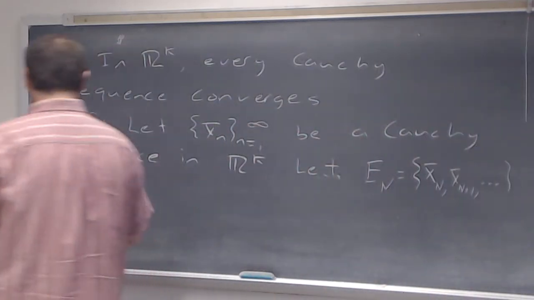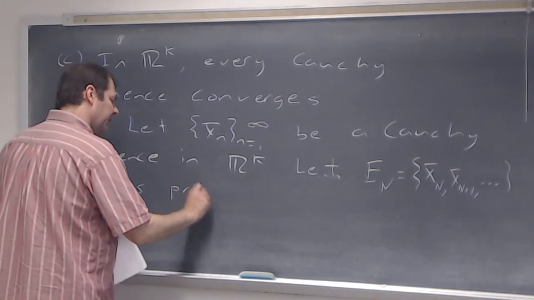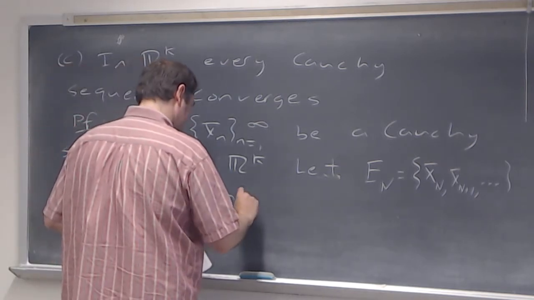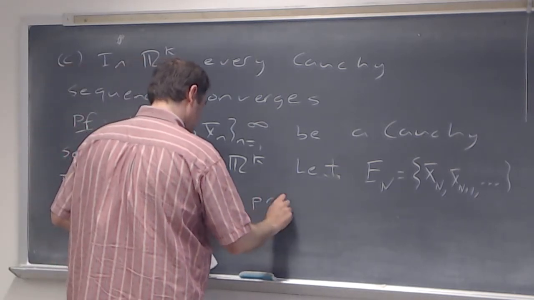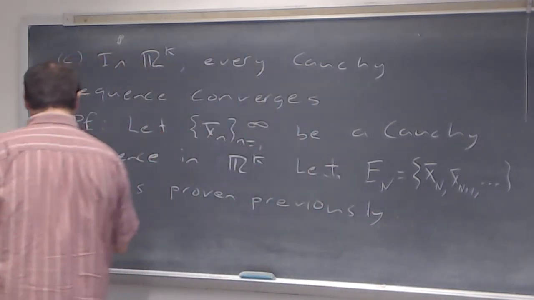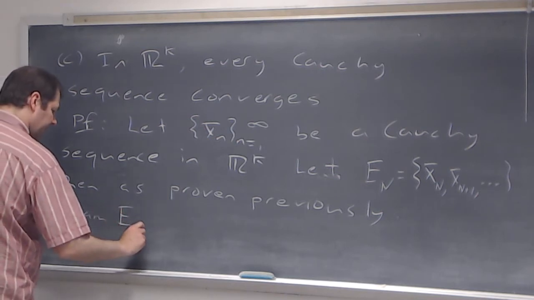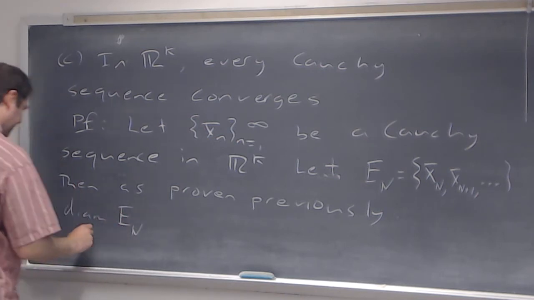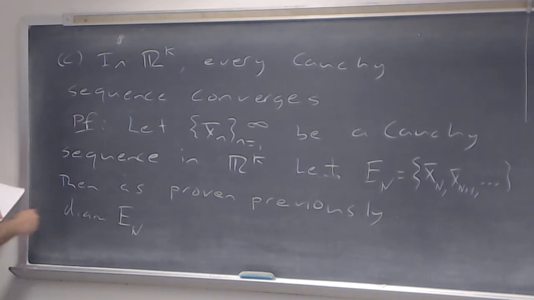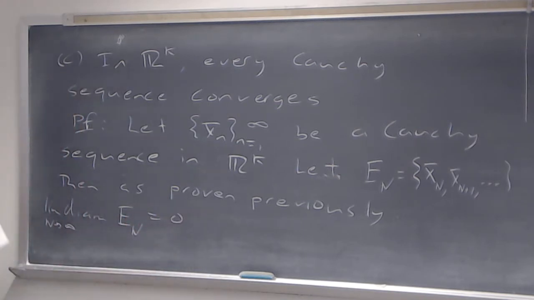Then, as proven previously, in the midst of a fact, the limit of the diameter of the E sub n equals 0. So the limit as n goes to infinity of this diameter equals 0.